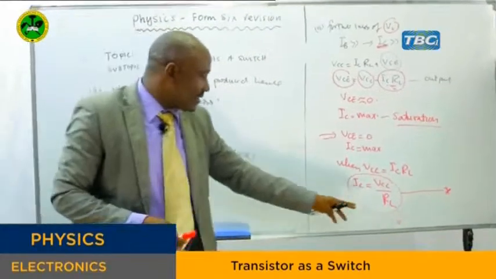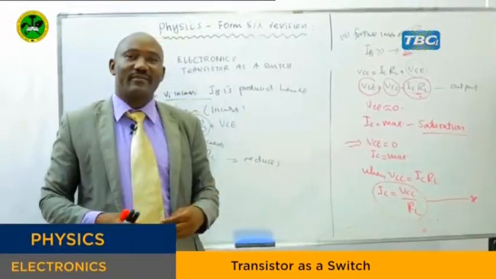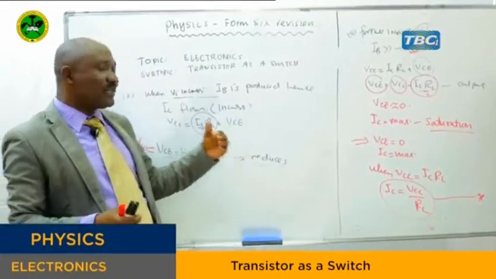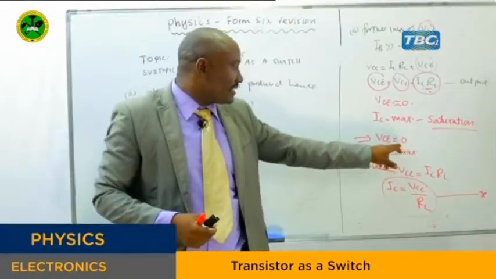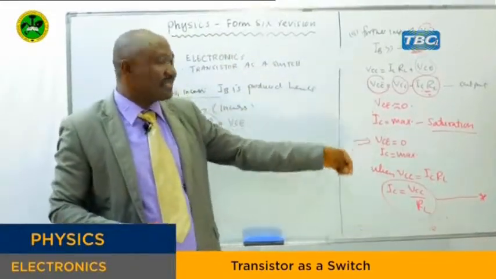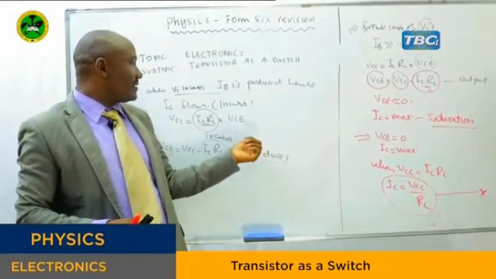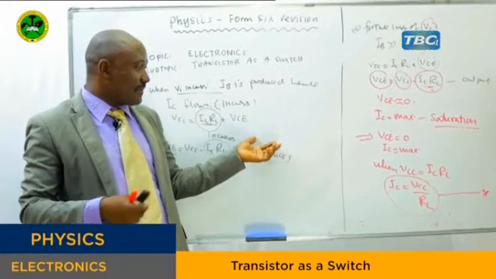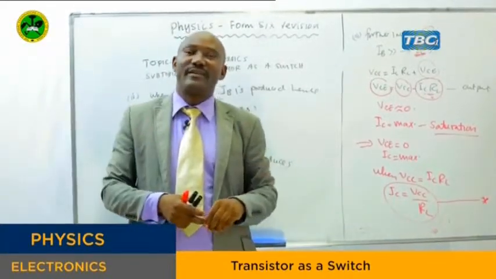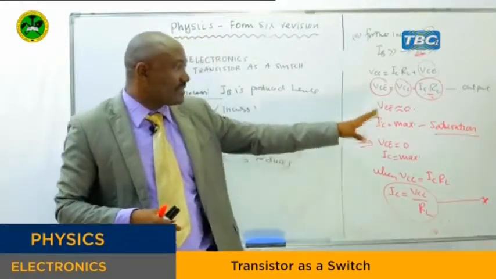So here you can see the condition where the transistor can be found in a saturated state, or it can be found in the cutoff state. For this case, VCE is 0. It means the transistor is behaving as if it has a very low resistance. Previously, in the cutoff state, VCE is maximum, which shows that the transistor is behaving as if it has a very large resistance. For this case, you can see we have 3 states of a transistor.